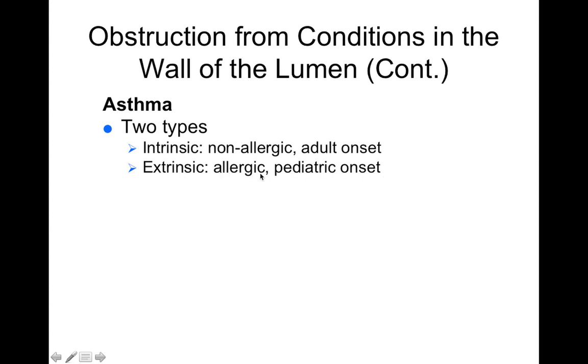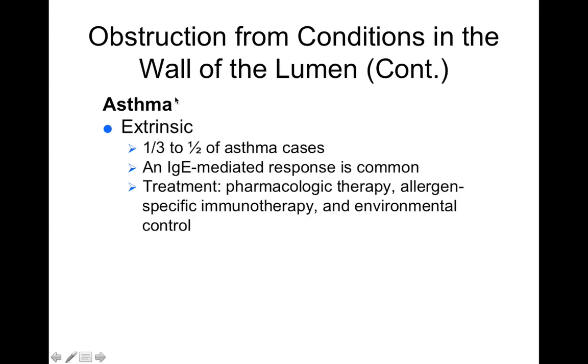You know, when we talk about allergies, we're talking about type 1 IgE-mediated hypersensitivities, which typically have a pediatric or childhood onset. The intrinsic forms of asthma are often idiopathic and non-allergic. They have poorer outcomes and have an adult onset. So extrinsic asthma, you guys, is 1/3 to 1/2 of asthma cases. Remember, it's an IgE-mediated response to some sort of allergen.